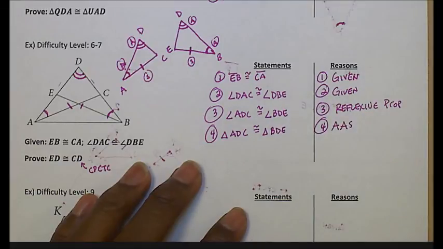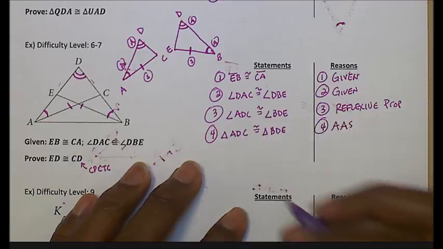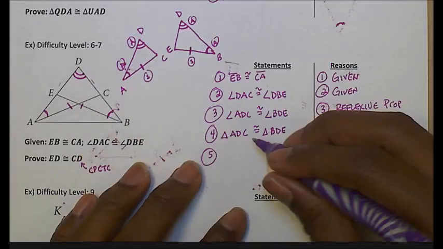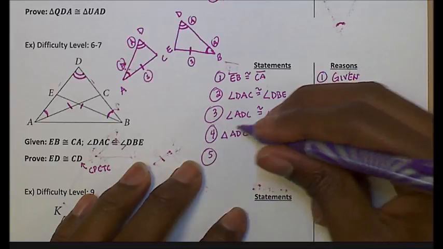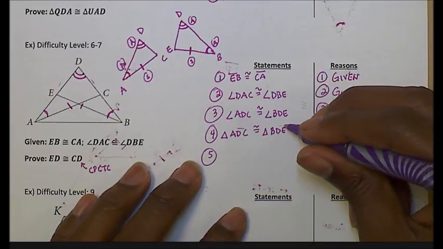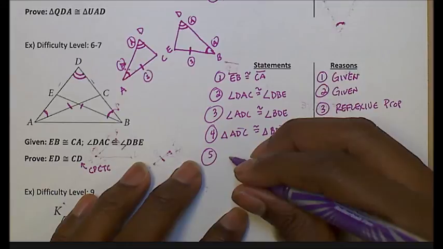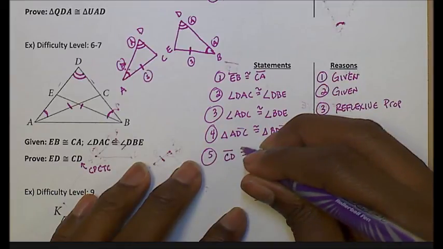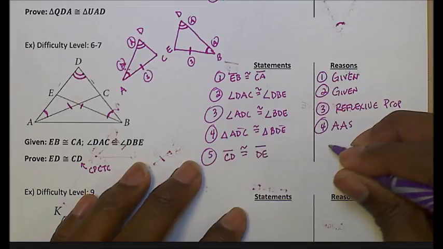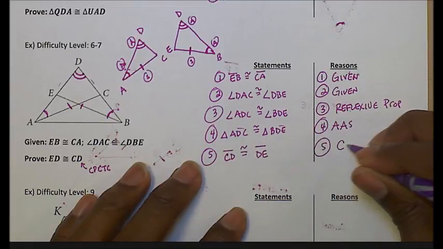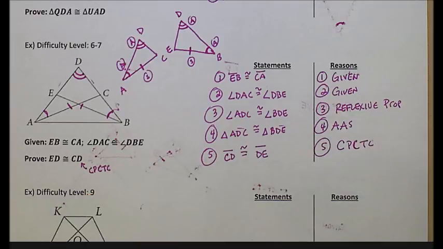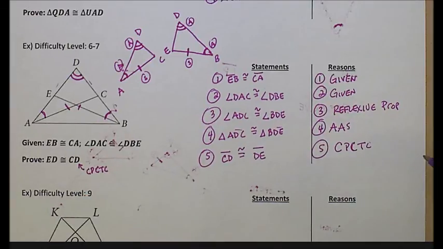Now with those triangles congruent, I can say CD and DE are corresponding parts. So CD is congruent to DE by CPCTC. And so now I've proven that.